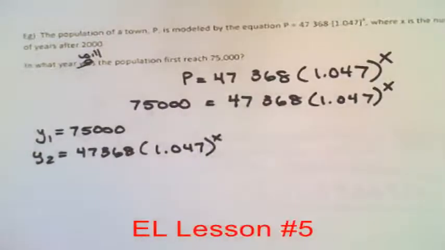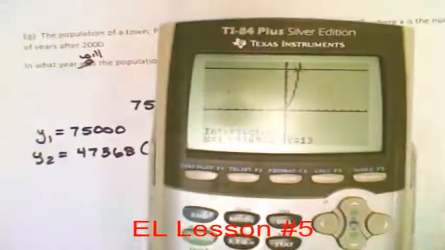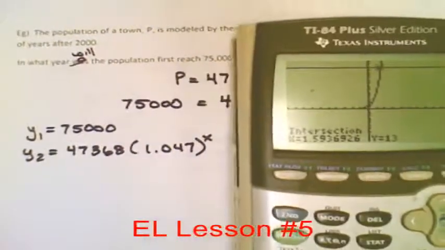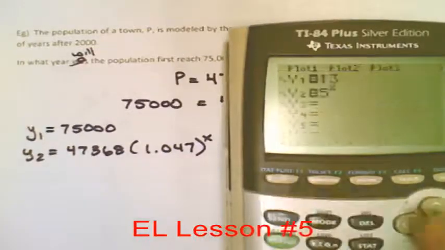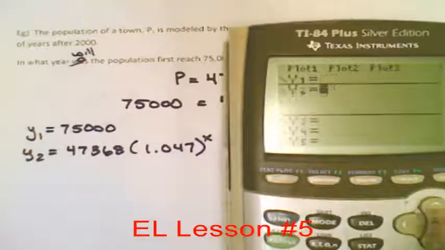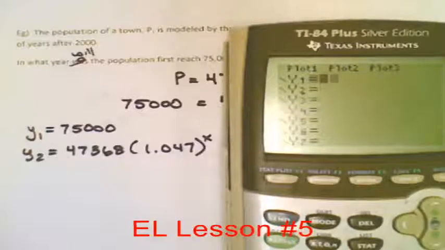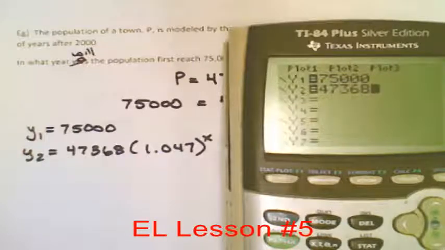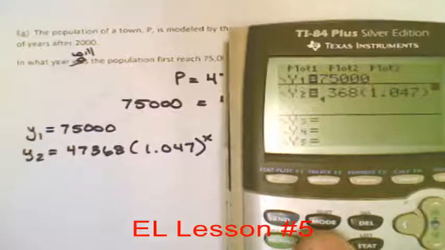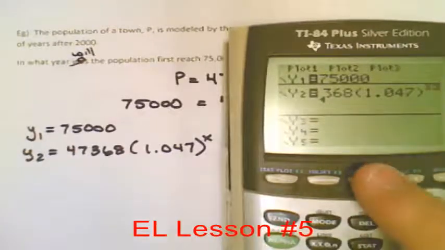But if you can't, or if you just don't want to, you can look at this and say, okay, I need a solution for this equation. So I'm going to do y1 equals 75,000. I'm going to do y2 equals 47,368, open bracket, 1.047, close bracket, to the power of x.